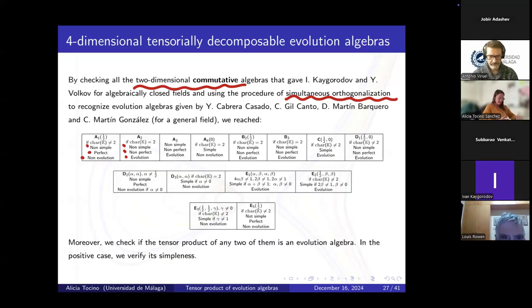So we made a classification. What we did also is check if the tensor product of any two of them is an evolution algebra. In the positive case, we verify if it is simple or not, so we can detail the classification.